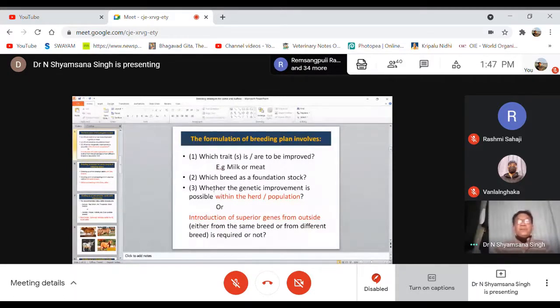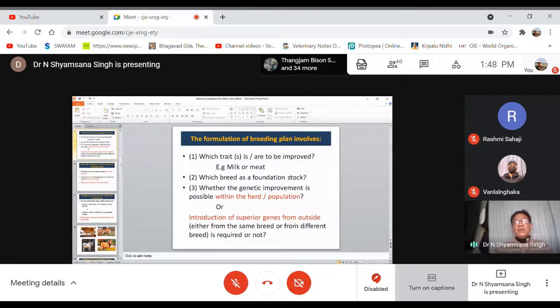Then, whether the genetic improvement is possible within the herd or population, or else we need to introduce some superior genes from outside. Outside means, say your farm is there and the animals' production performance is very low, then you need to introduce superior genes or animals in the form of animal genes into the farm.